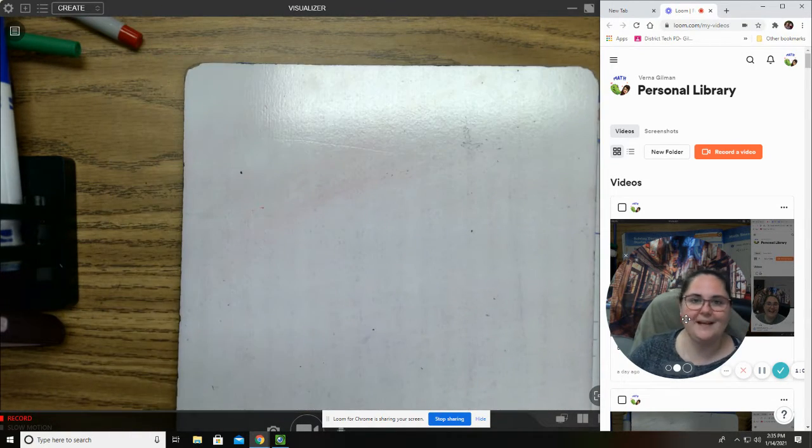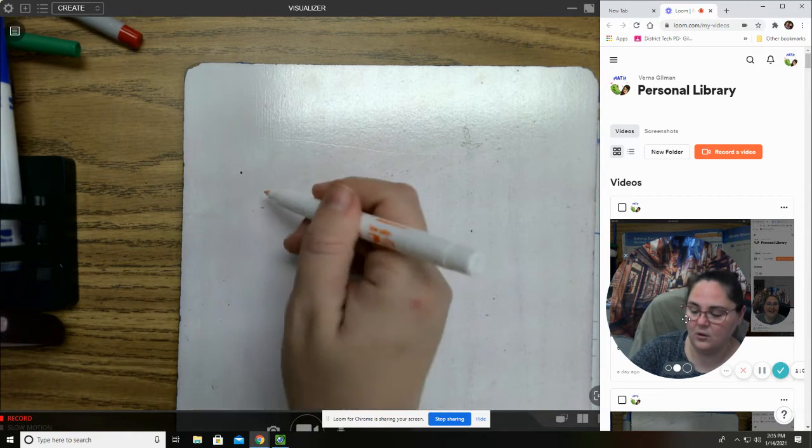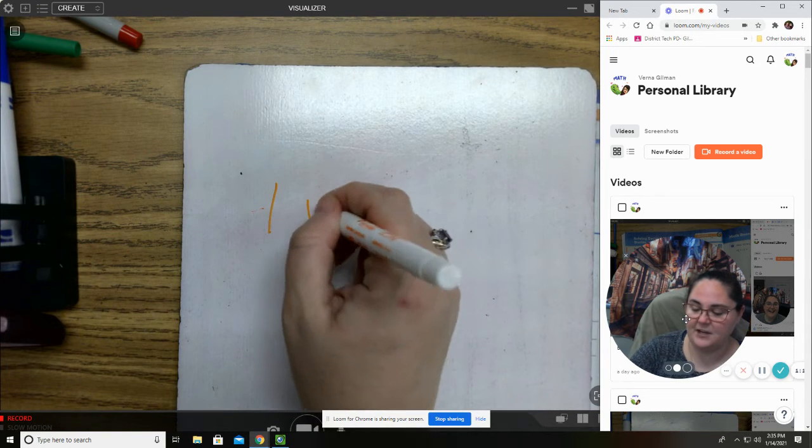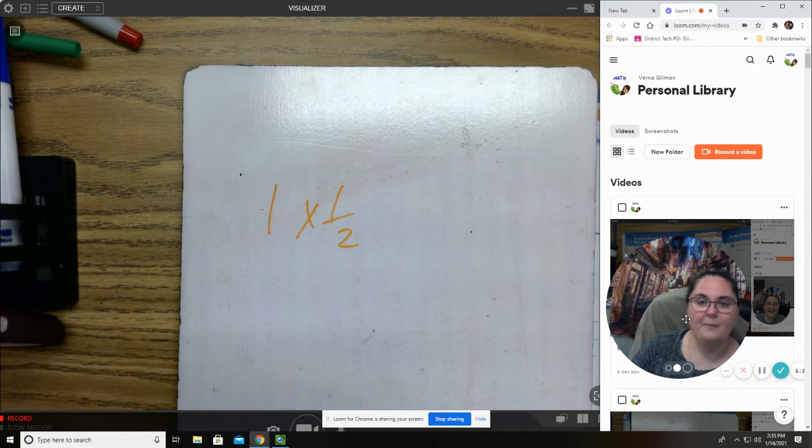If I have one whole pizza and I multiply it by a fraction, my answer is going to become what? Larger or smaller? What happens when you multiply a whole number or any number by a fraction?